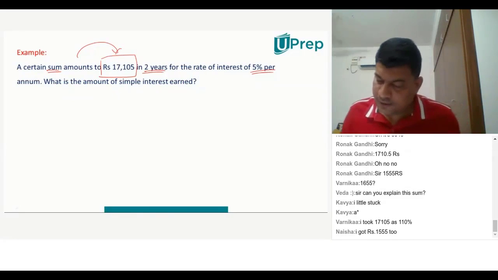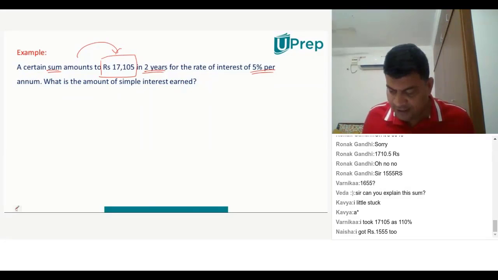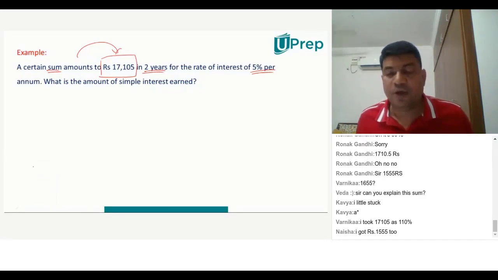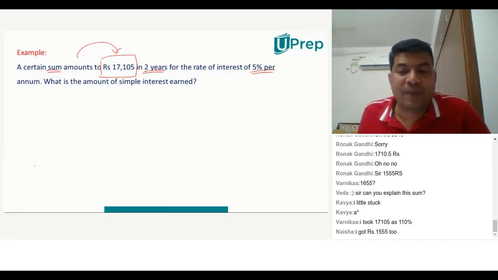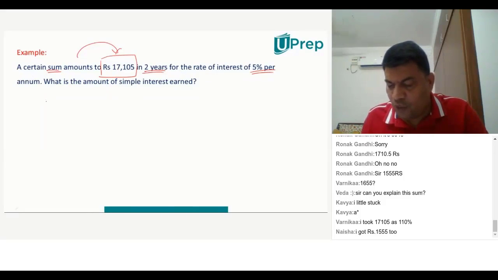Good. Let's do the standard method first. Then I'll teach the faster method, or a mental math kind of a method will come there. Okay. So let's quickly understand. A certain sum amounts to 17,105. So there is a principal. We don't know what the principal is.